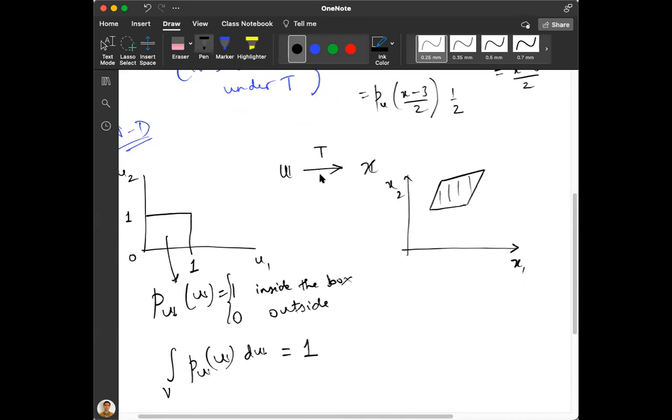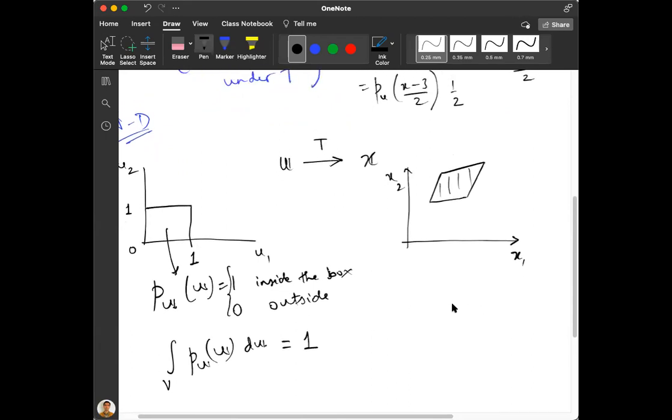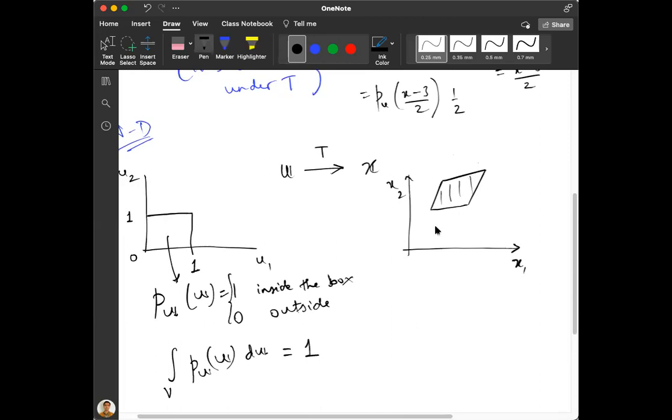But this transformation T will just move it to some other locations. It could also be split, and made into two of these.